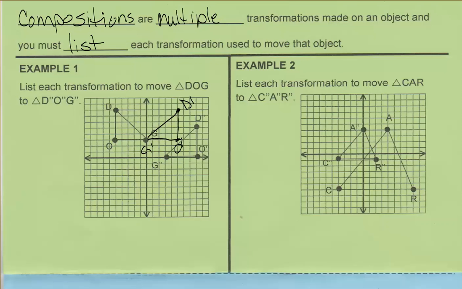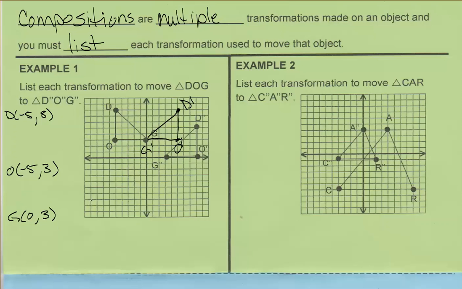Anyway, to try to do this, you need to list your original points. So your D is at negative 5, 8, and then O is at negative 5, 3, and then G is at 0, 3.